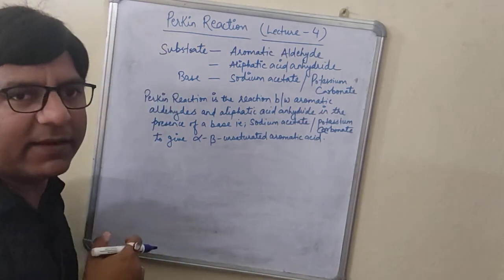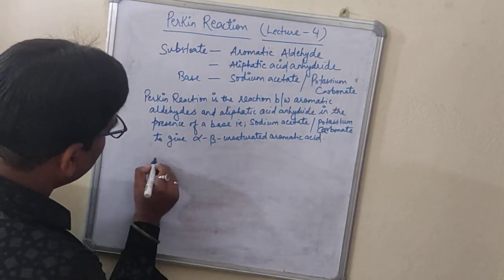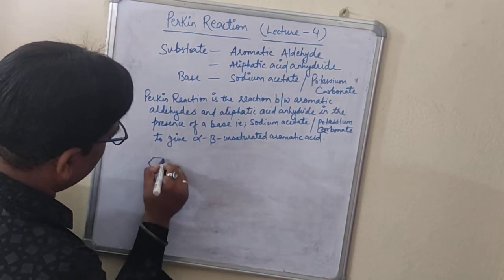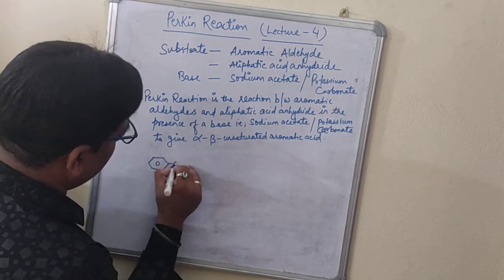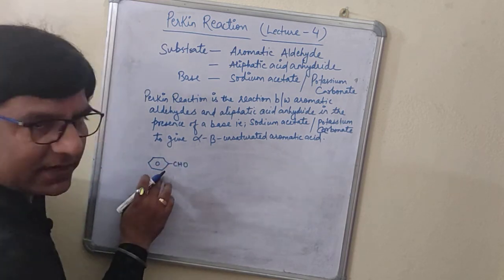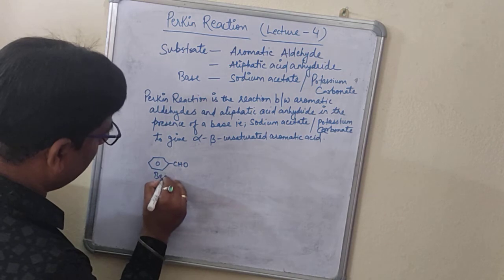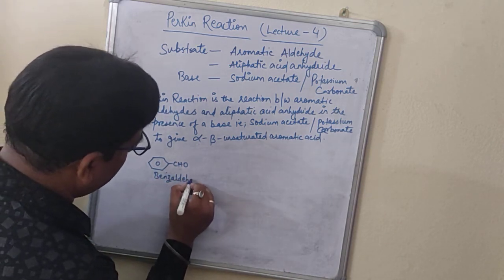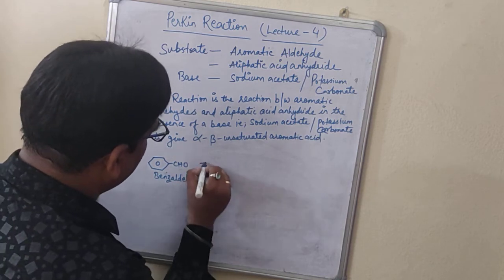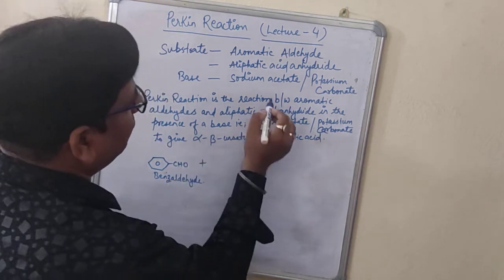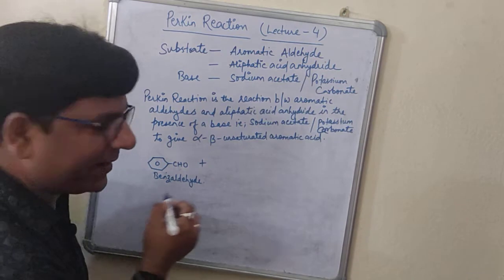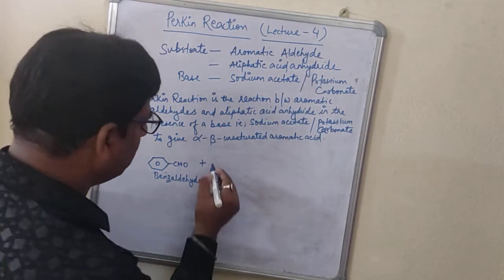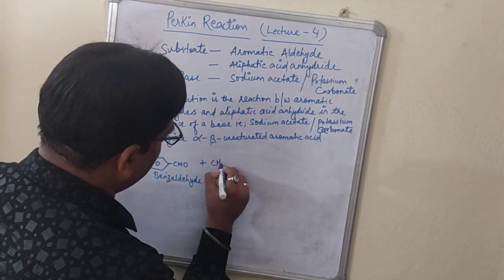Right? Now let us see the reaction, students. If I am taking this benzaldehyde, this is the benzaldehyde, plus what we have to take, the acid anhydride. As I told you, acid anhydride we will choose, and that too aliphatic.